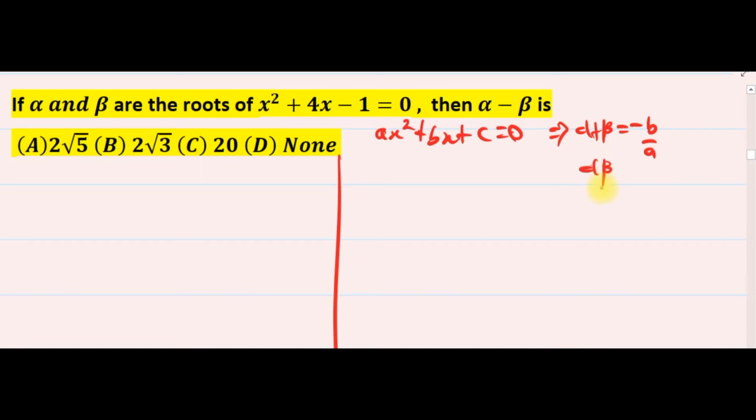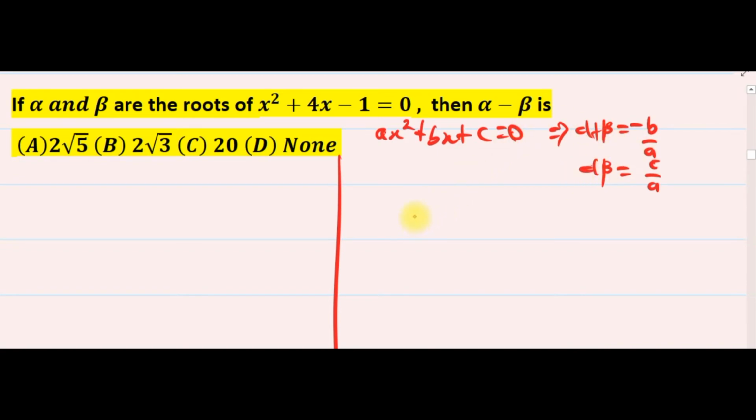And if you multiply the roots, it is c over a, the constant term over the coefficient of x squared. But there is a little problem here. We are asked to subtract one root from the other, so we don't have a direct formula for that.